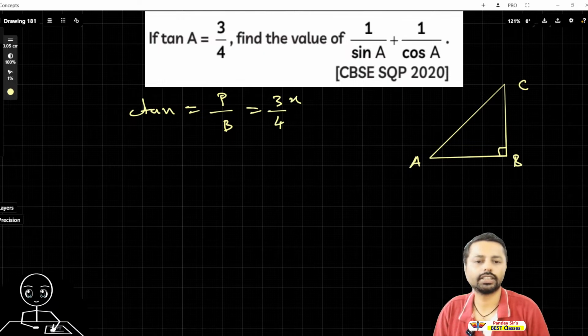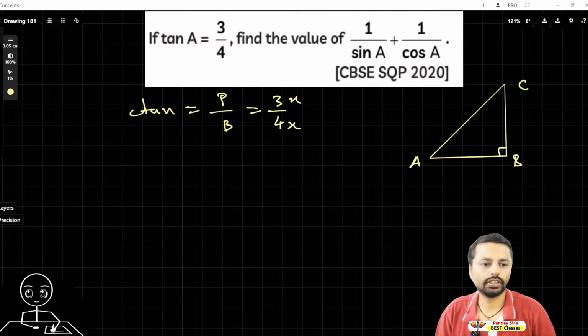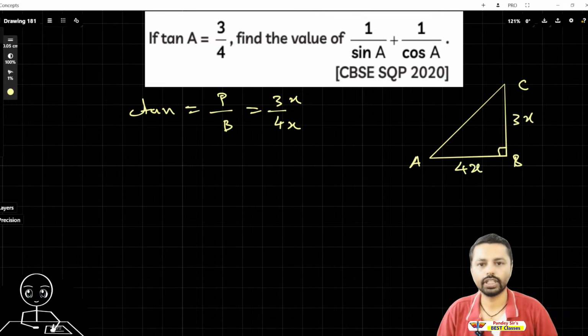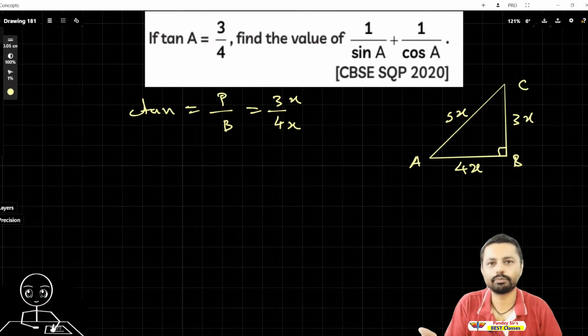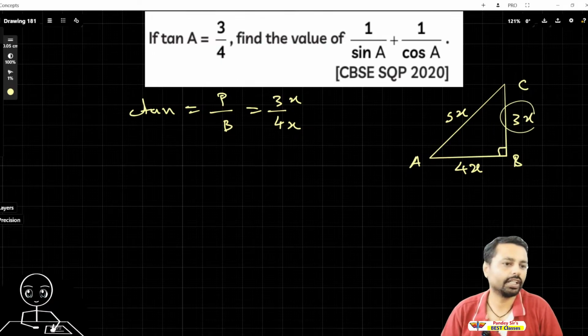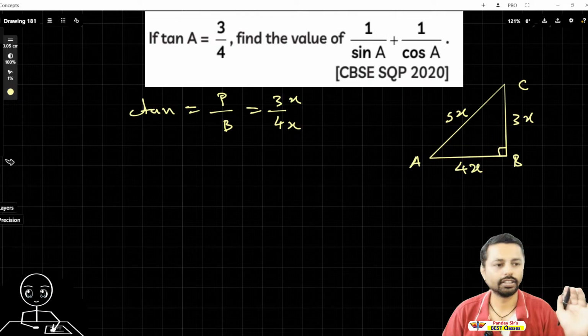Let's call it 3x by 4x. So let's call this one tan A. P will be 3x, B will be 4x, and we have solved already, so it will obviously be 5x. Or you can do the Pythagoras theorem, 3 square plus 4 square.